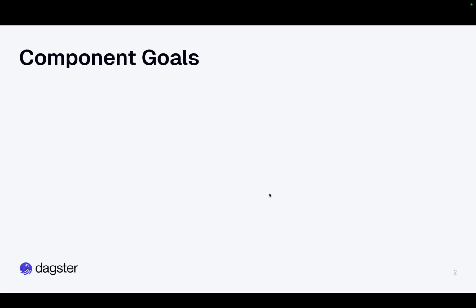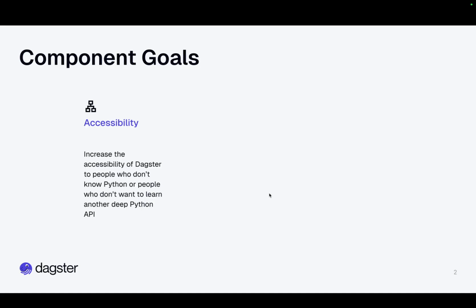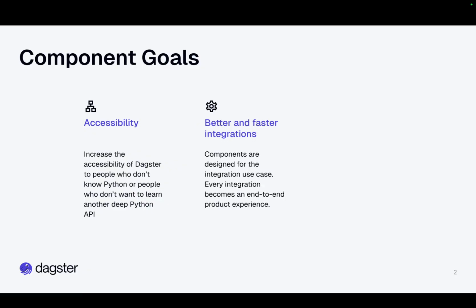So just to refresh, the goal of components is, one, to increase accessibility to people who don't want to learn Python or a deep Python API by providing a built-in YAML front end with strong tooling support. We want to be able to build better and faster integrations, faster in terms of developer productivity, and have a uniform experience, so that you build a component and then we have this full end-to-end product experience for your stakeholders.